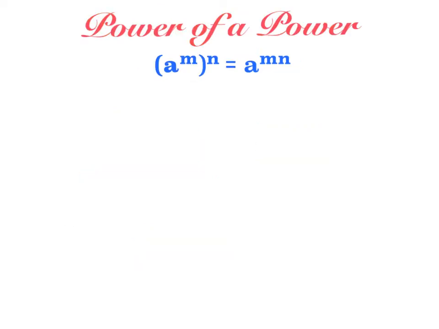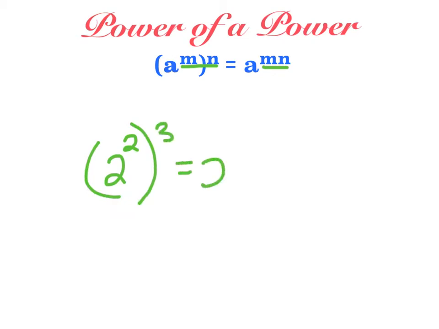The next property that we have is power of a power. And this is what happens when we take one number raised to a power and then raise it to another power. And when you have power of a power, you multiply your powers together. So if I had 2 squared and then I cubed that, I would be saying 2 squared 3 times, right?